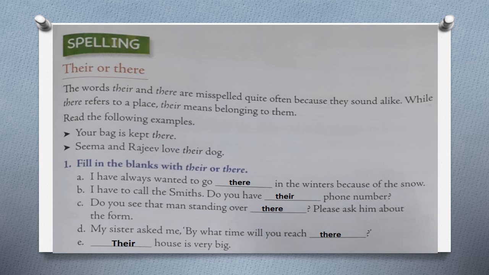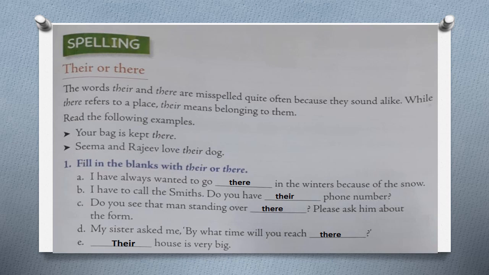Let's see the C part. Do you see that man standing over there? So, here it denotes the place. So, write down T-H-E-R-E there. Please ask him about the form. So, children, let's do D part. My sister asked me, by what time will you reach there?